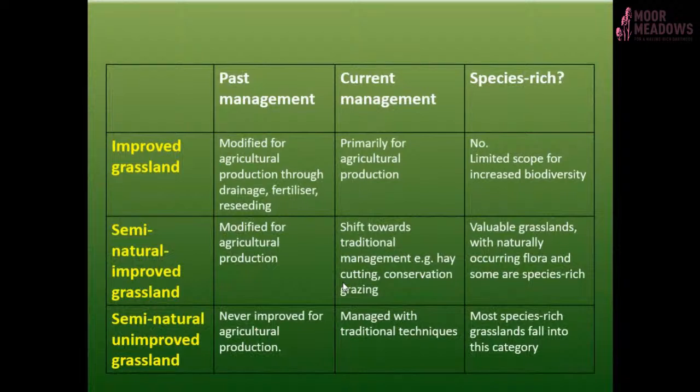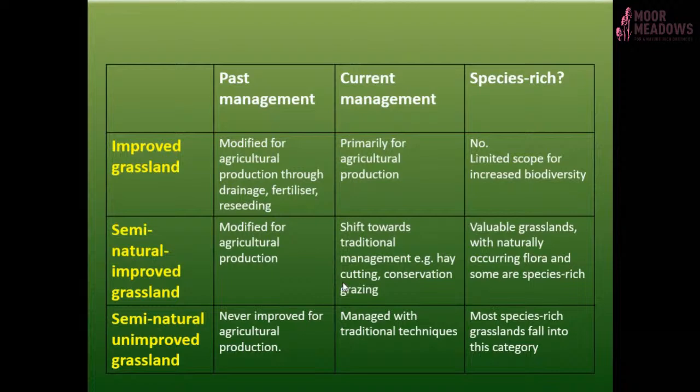And I know people get confused by people saying, oh, I've got improved grassland or semi-natural improved grassland. Improved grassland is grassland that has been modified for agricultural production through drainage, through fertilizer and through reseeding. And its current management is primarily for agricultural production. In the jargon of ecosystem services, it's got a primary function, that's producing meat or milk or wool.